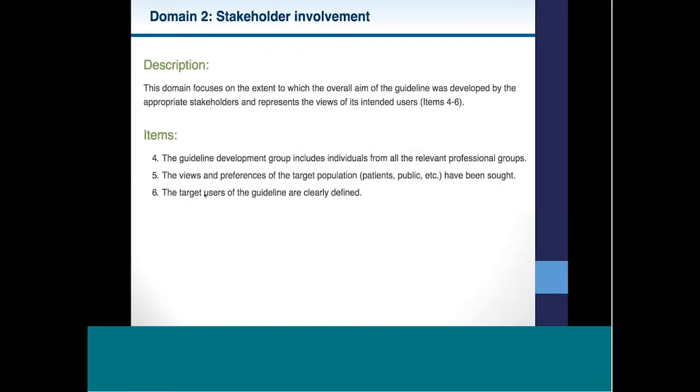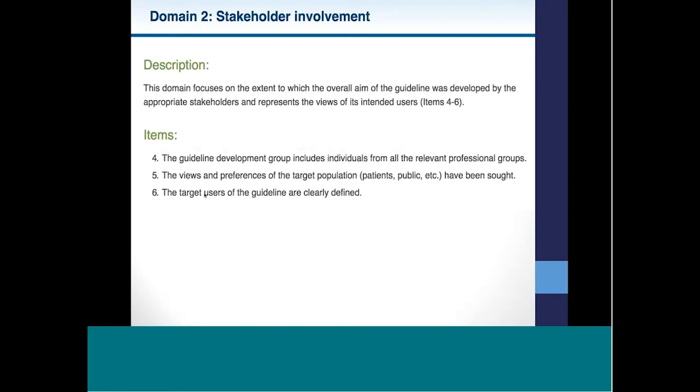So the second domain is concerned with how the guideline was developed in terms of people, in terms of the stakeholders and the individuals and the fields that should be there in the development, and how the guideline represents the views of the intended users.